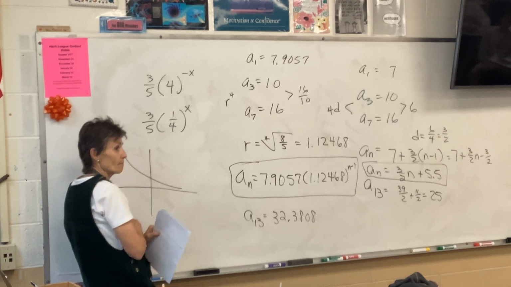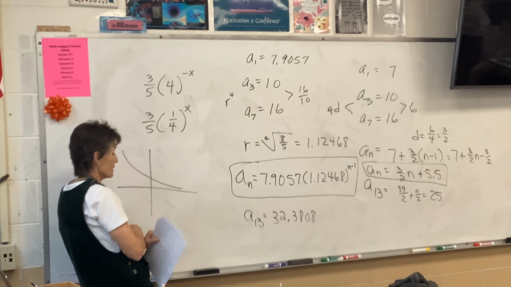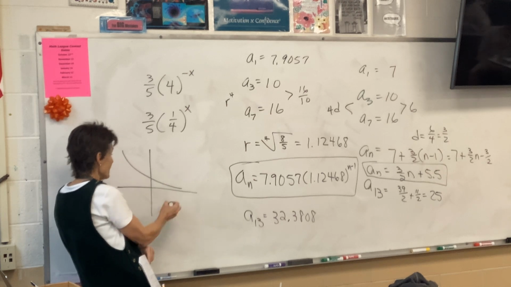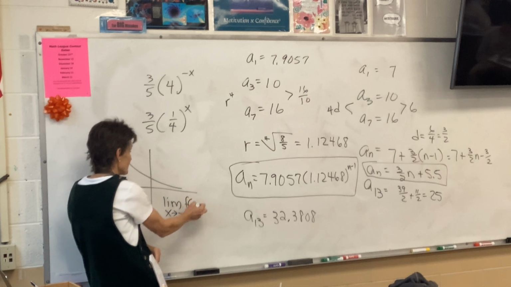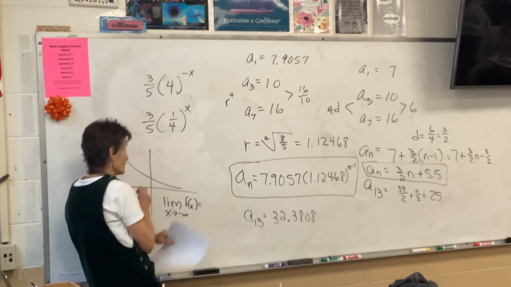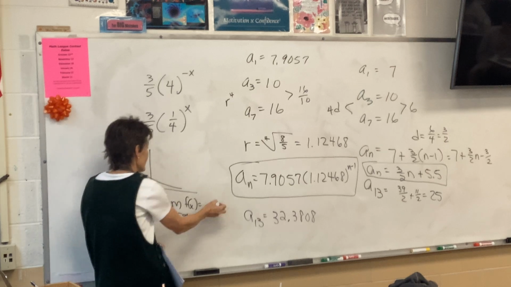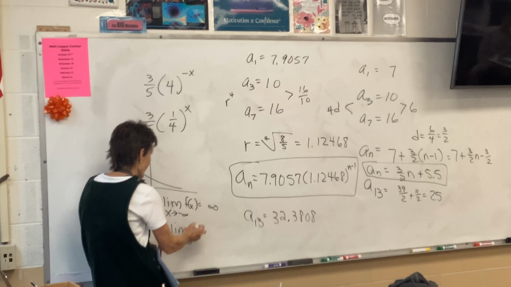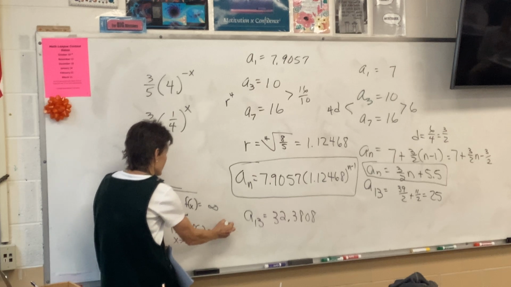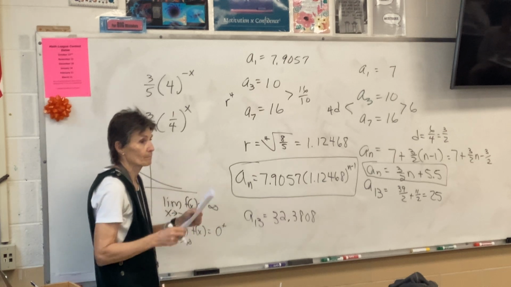So I got this. So using limits to describe the end behavior, to the left, it's positive infinity, and to the right, it's 0 from the top.